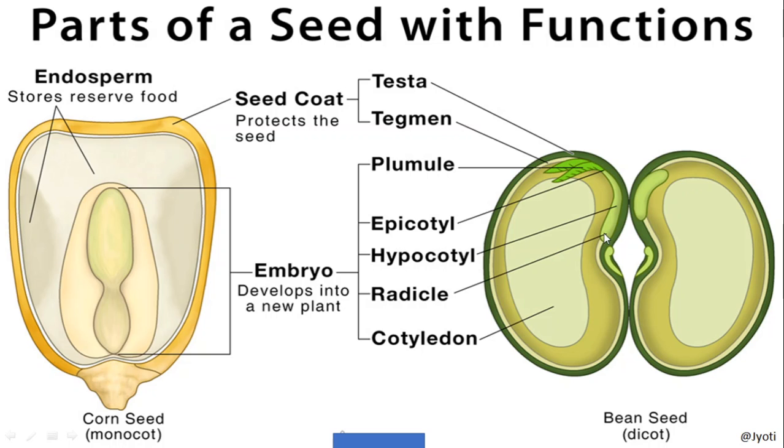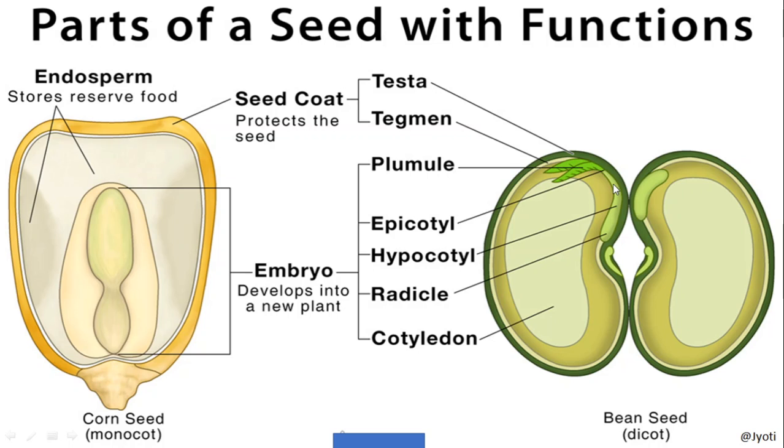Here you can see the cotyledon is occupying the above position, but the radicle is occupying the below position. But here you can see the plumule, it is occupying the above position, whereas the cotyledon is occupying the below position.